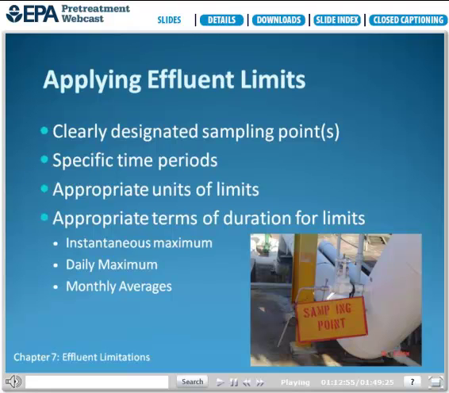There are many different ways that a control authority can implement their limits. They can implement them as instantaneous maximums, maximum daily, maximum average, and in some of the categorical limits, you'll even see things like a 4-day average. And these should be well defined in your ordinance and even in your permit so that there's no question as to what is meant when you say what a monthly average is.